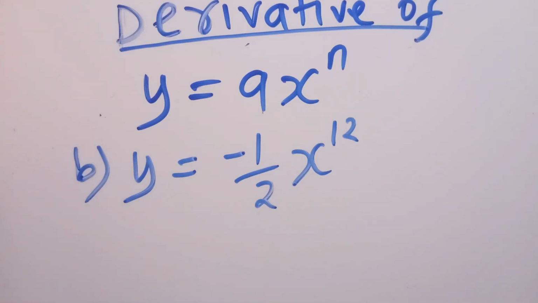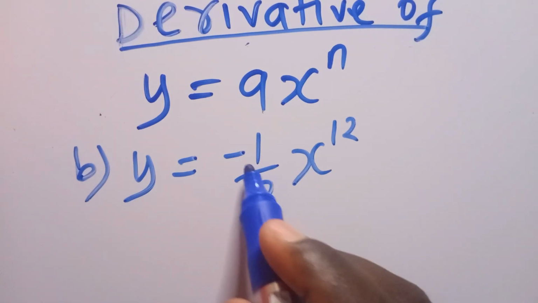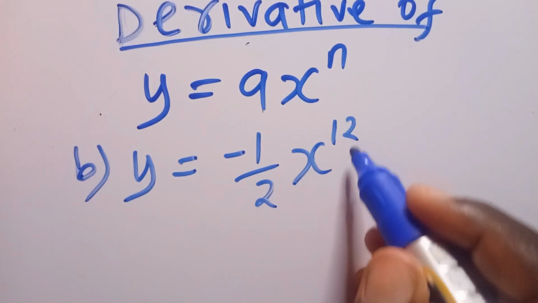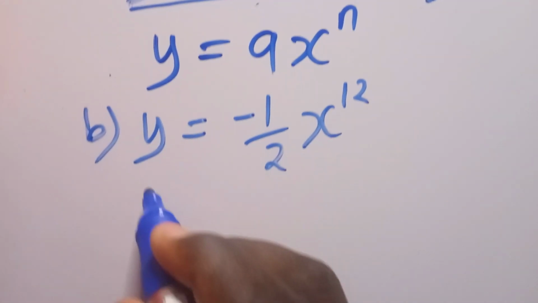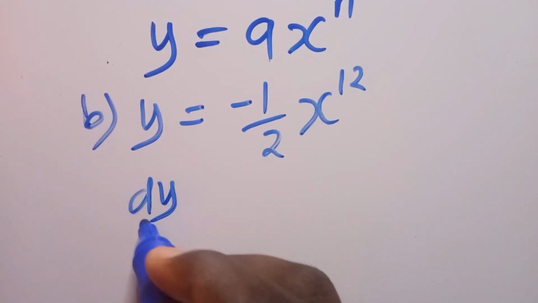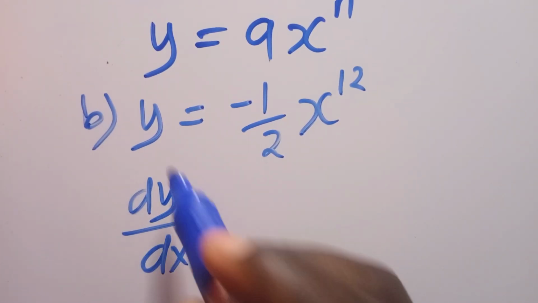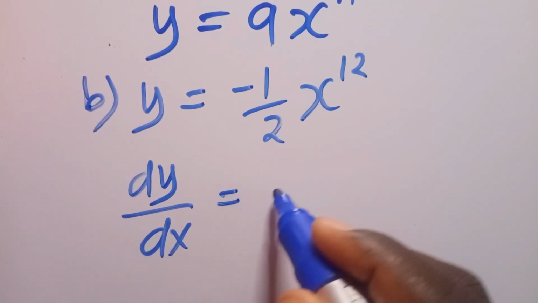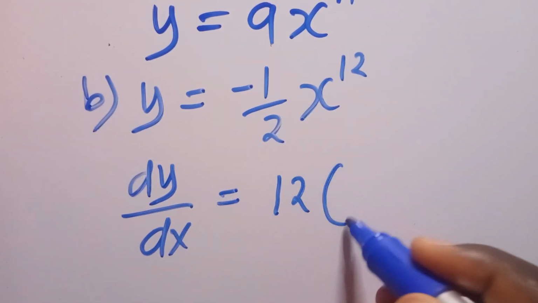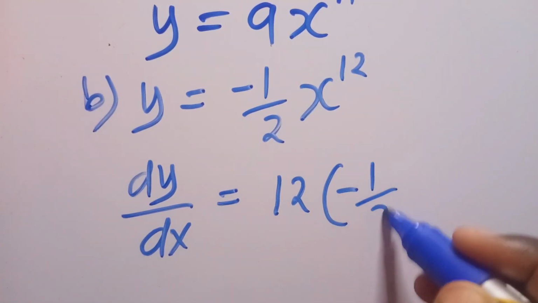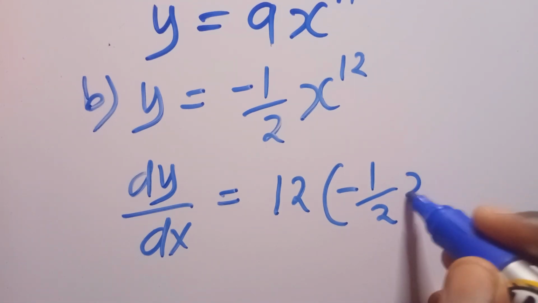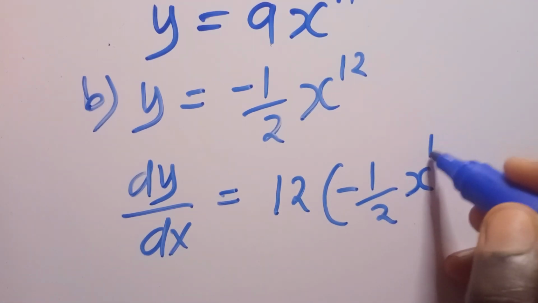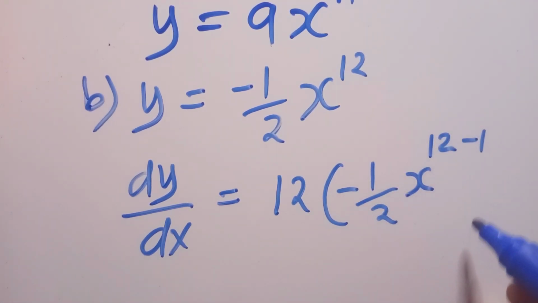Let us have a look at the second example, that is y equals negative a half x raised to 12. Now, dy over dx, that is, we are differentiating this y with respect to x. It will be 12 times negative a half x raised to 12, then we reduce the power by 1.